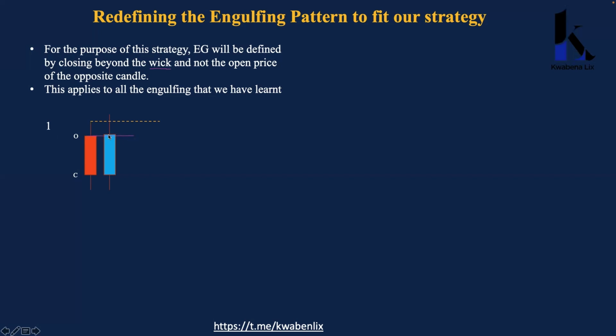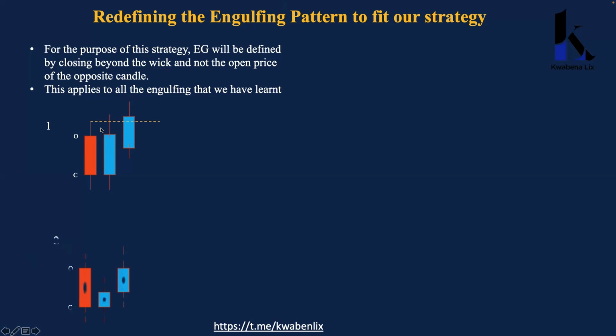Yes, you close above the open, but this is not an engulfing based on our strategy. Based on our strategy, the engulfing should close beyond the wick. Since it didn't close beyond the wick, we won't call it an engulfing until we close above the wick. So now we have a close above the wick. So this is our engulfing, right?